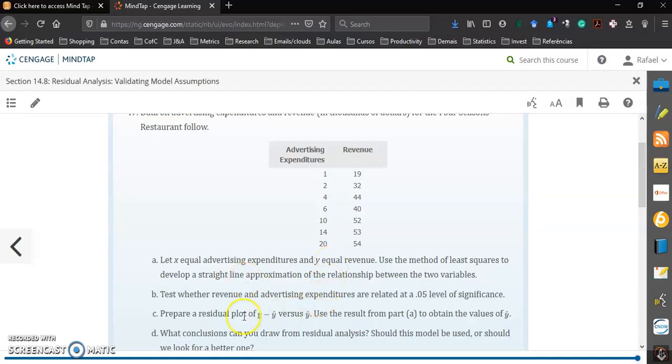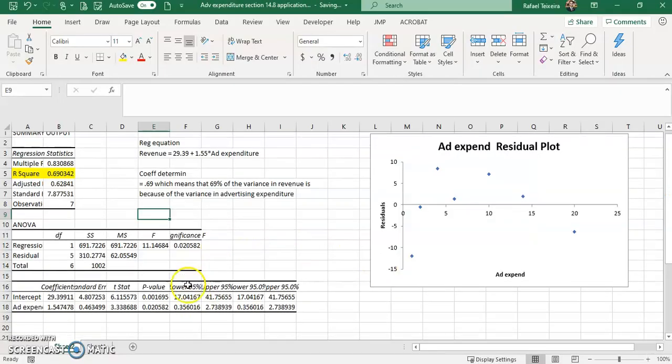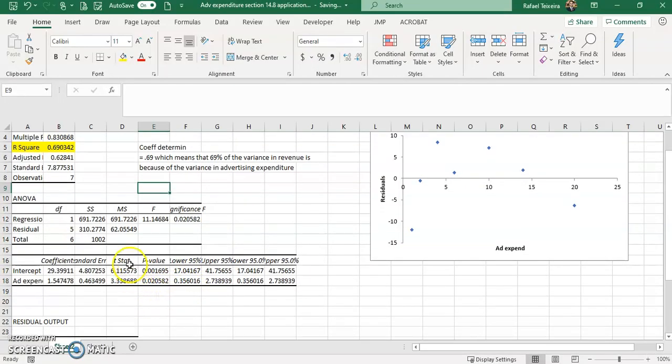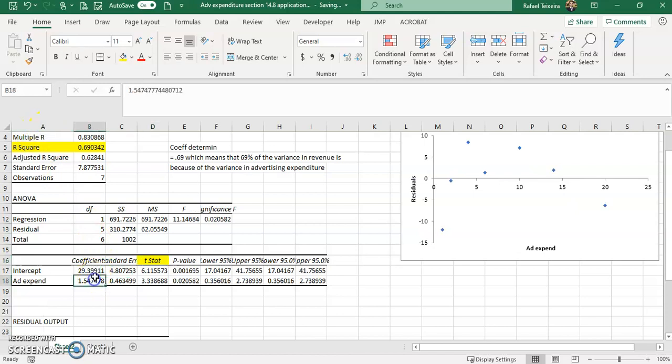Then the problem says, test whether the revenue and advertising expenditure are related at 0.05 level of significance. So we have an alpha of 0.05. So the test of significance is testing if this coefficient here has a probability value smaller than the alpha level.